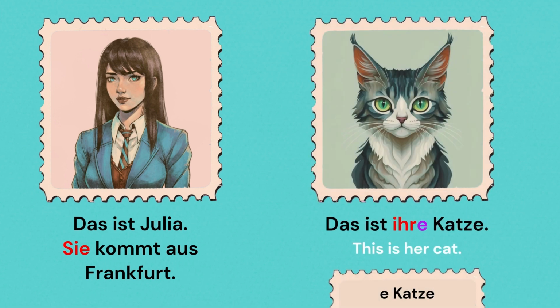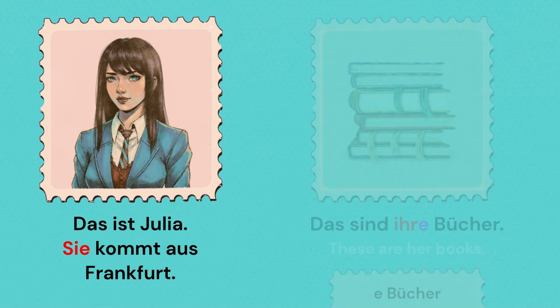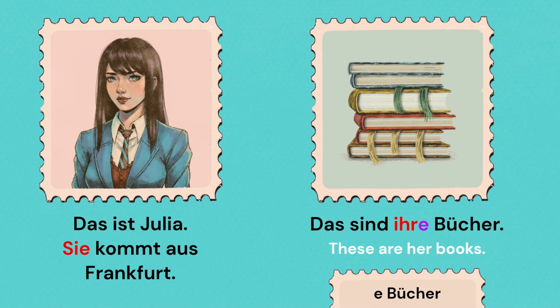Das ist ihre Katze. Das sind ihre Bücher. So once again, you would use ihr when the article is der or das, and you would use ihre when the article is die, for feminine or for plural.